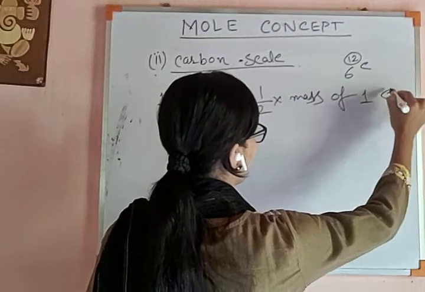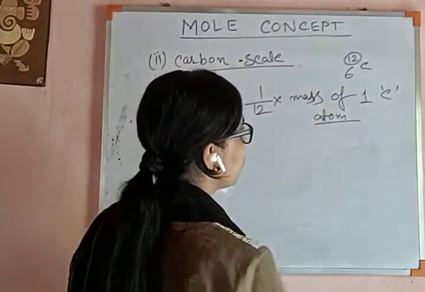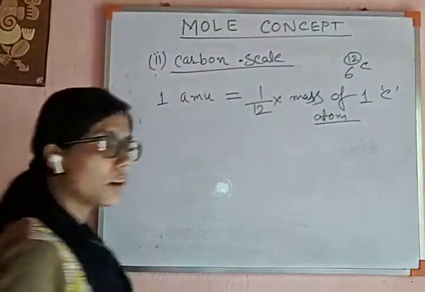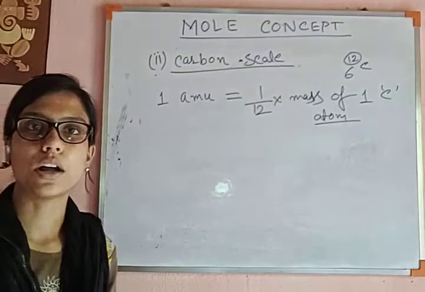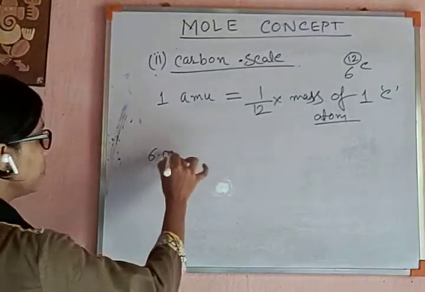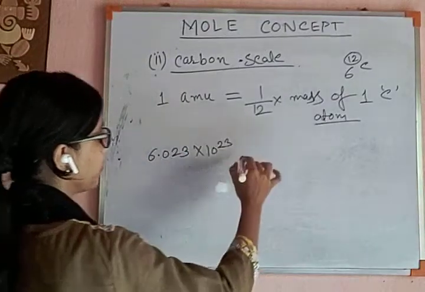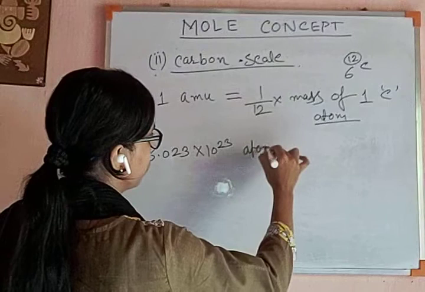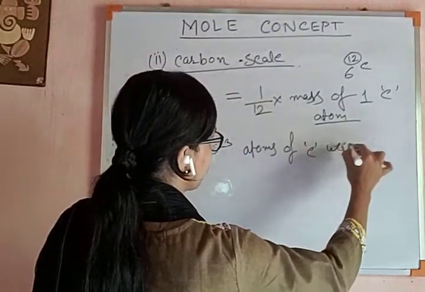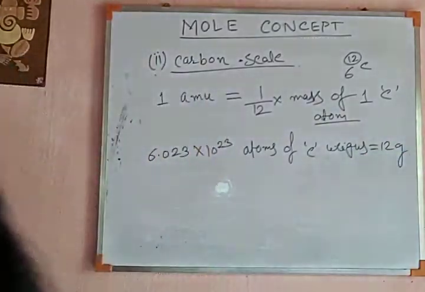So 6.023 into 10 to the power 23 atoms of carbon weigh 12 gram.